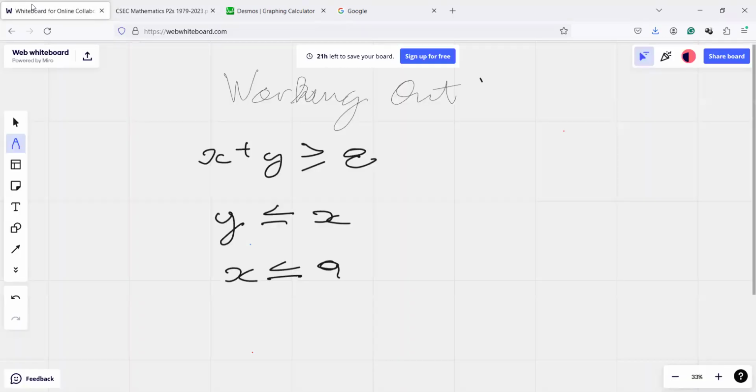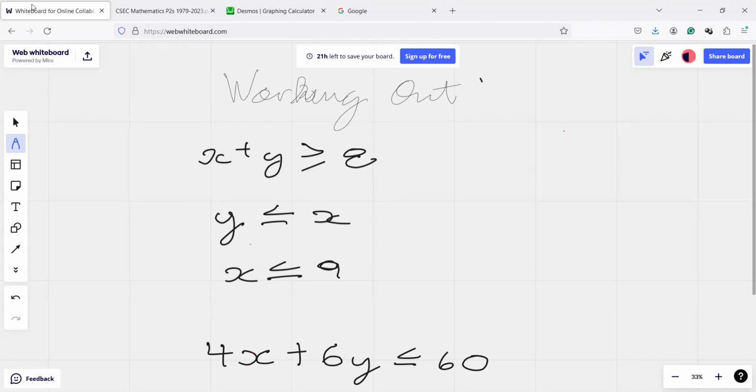So 4 persons can fit in a car, and the number of cars is X, plus 6 persons can fit in a minivan, and the number of minivans is Y, and that must be less than or equal to 60.